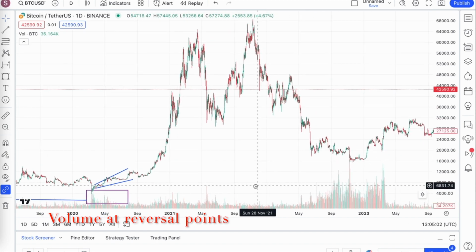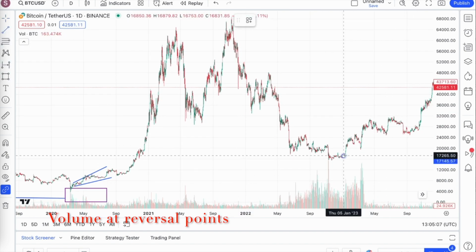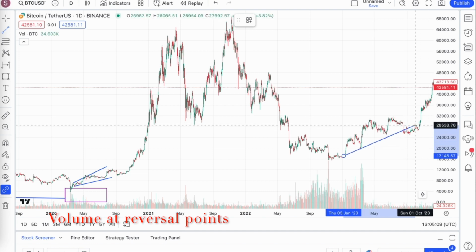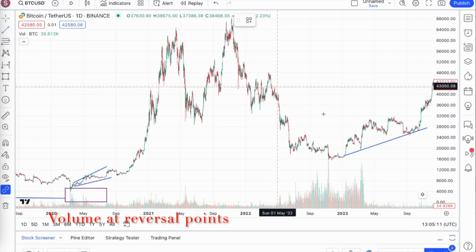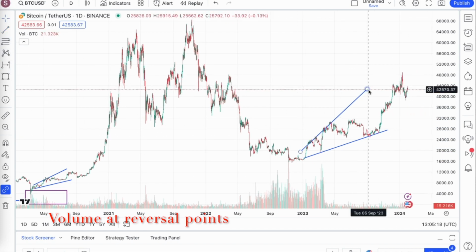We see that previously volumes were much lower. There's a sudden explosion in volume as the accumulation cylinder was forming. So true to its name, this was when the accumulation was happening.